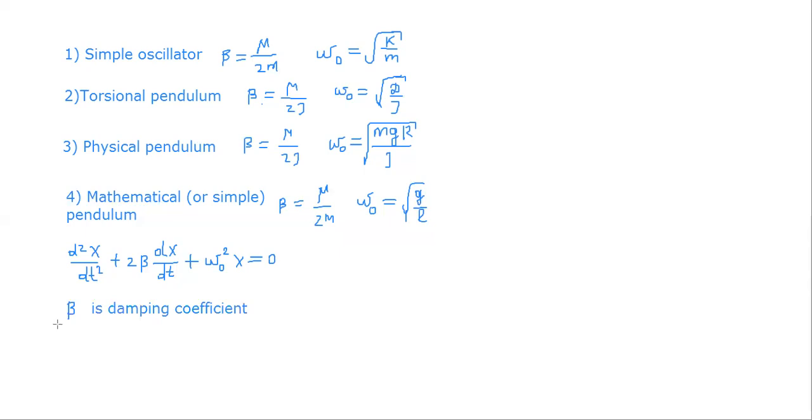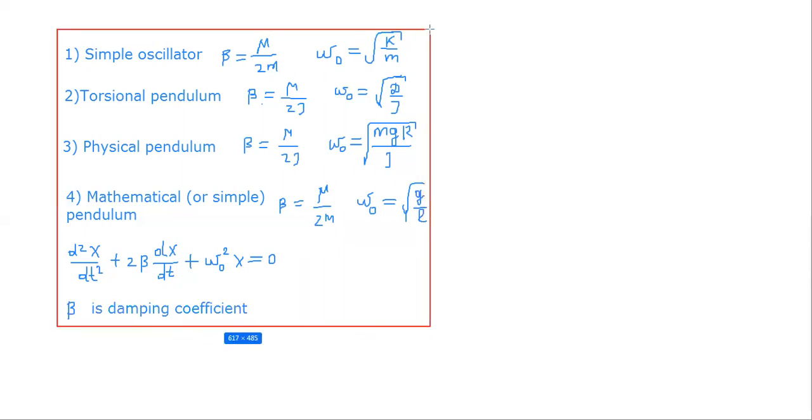So we have differential equations of small damped oscillations, and we have written this for different mechanical systems: simple oscillator, torsional pendulum, physical pendulum, mathematical pendulum, and for all these cases we have the same differential equation.